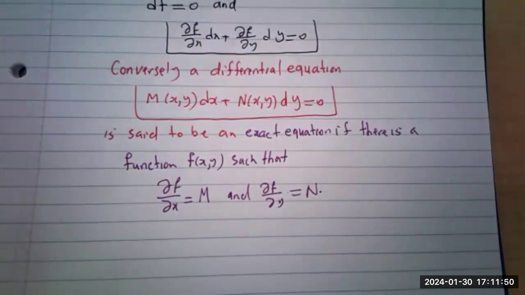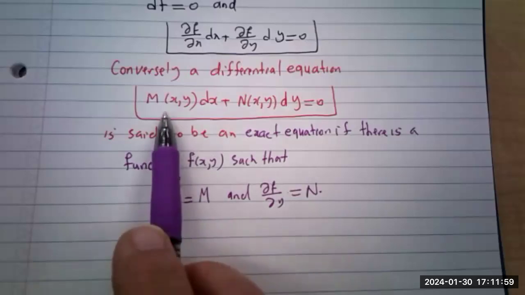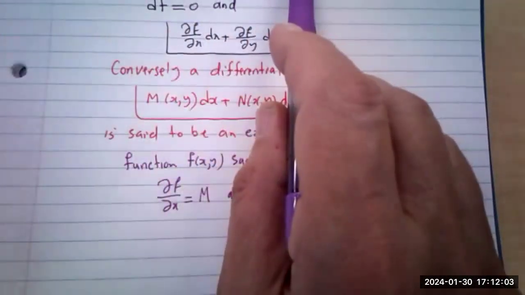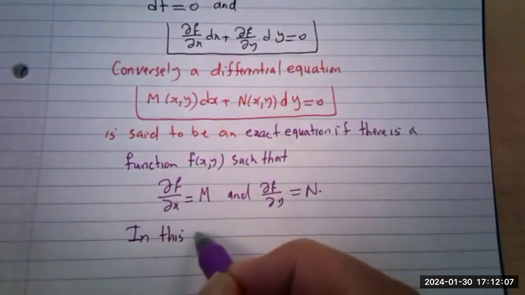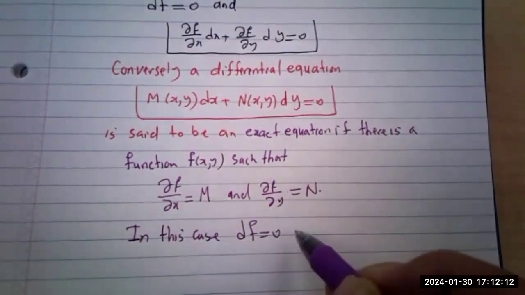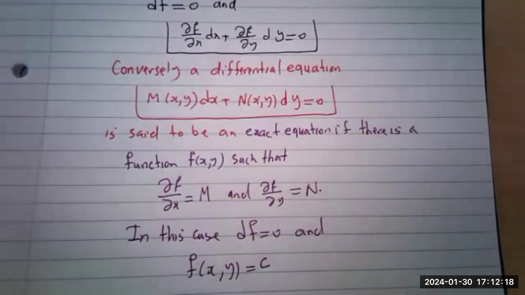If you can find a function whose partial derivatives are equal to M and N, this means you can find a function that satisfies this equation. If this function satisfies this equation, then the differential of f would be 0, and you are going to have f of x comma y equal to c.